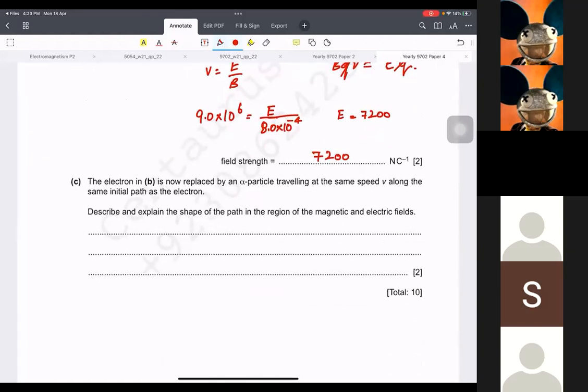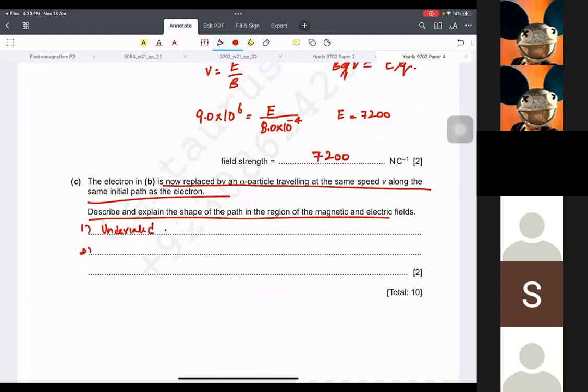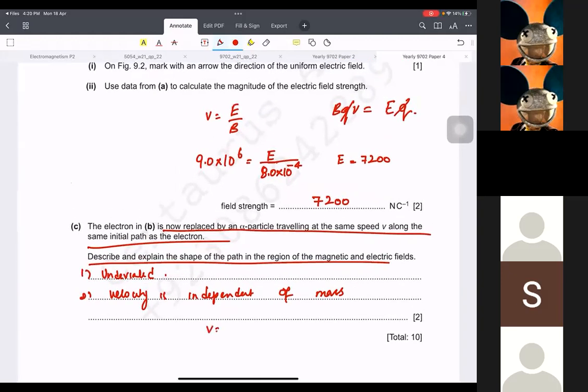Now the electron is replaced by an alpha particle moving. Describe and explain the shape. Undeviated, because velocity is independent of mass. If you look at it, velocity is dependent on E and B. E is what?